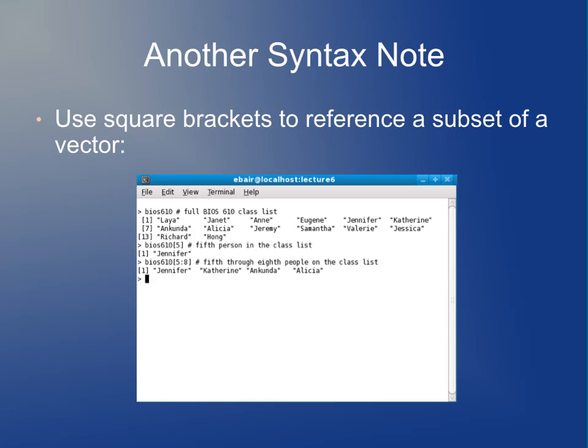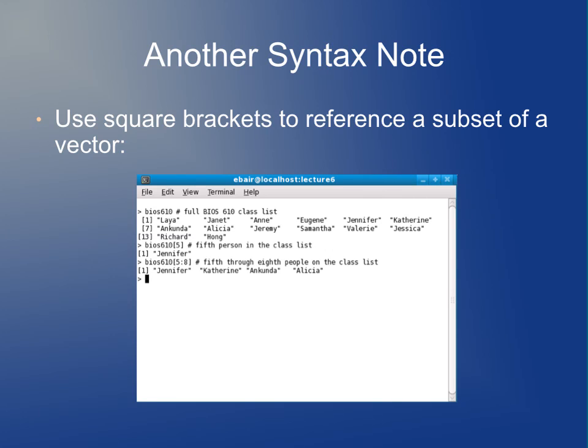Just a quick syntax note. In general, in R, if you use those square brackets like I did on the previous slide, that will give you a subset of a vector. So if you remember my Bio 610 class list that I used previously, if I want the fifth one on the list, which in this case is Jennifer, I can go Bio 610 of 5, and I get Jennifer.